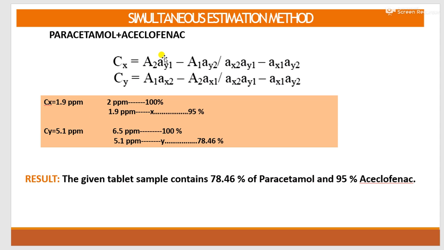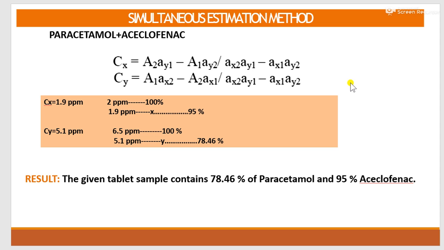Okay. Now the calculation part. So you have the simultaneous equations with you. If you substitute the values for all these different parameters, you will get Cx and Cy. But Cx and Cy you will get in gram per 100 ml, because for absorptivity you had taken the concentration in gram per 100 ml.